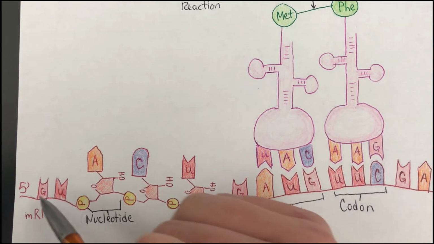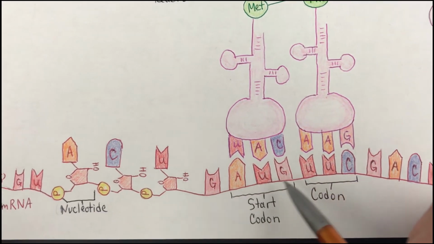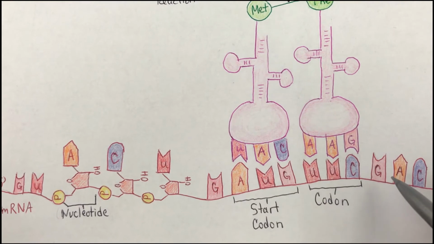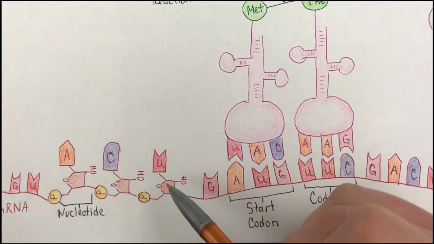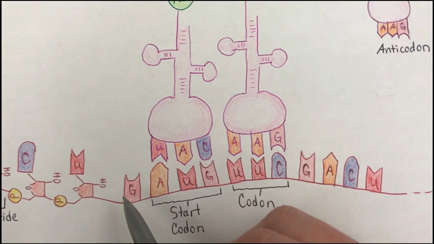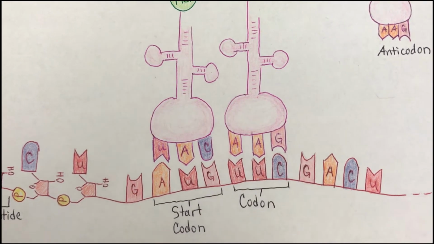Okay, so when I draw this red line here, what I'm actually showing you is all of this just reduced so that we can focus specifically on these particular nucleotides.